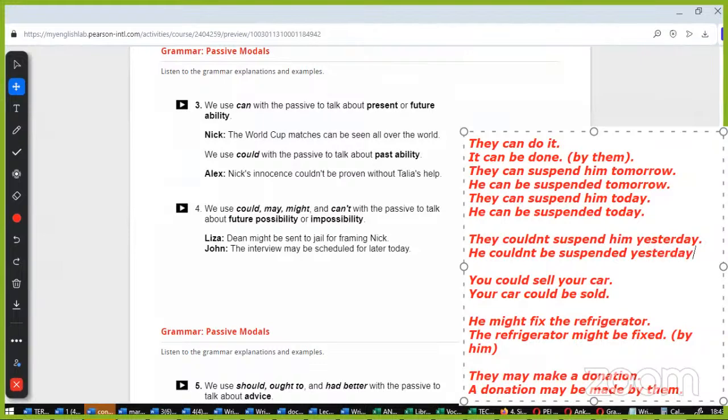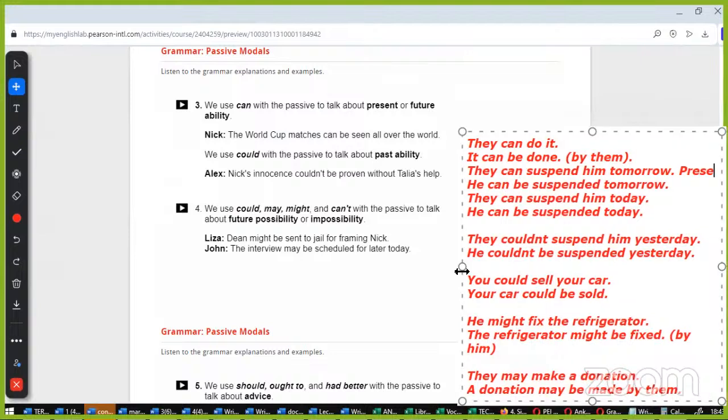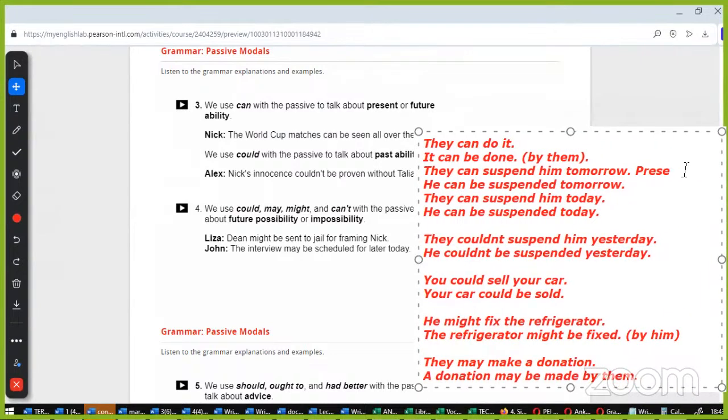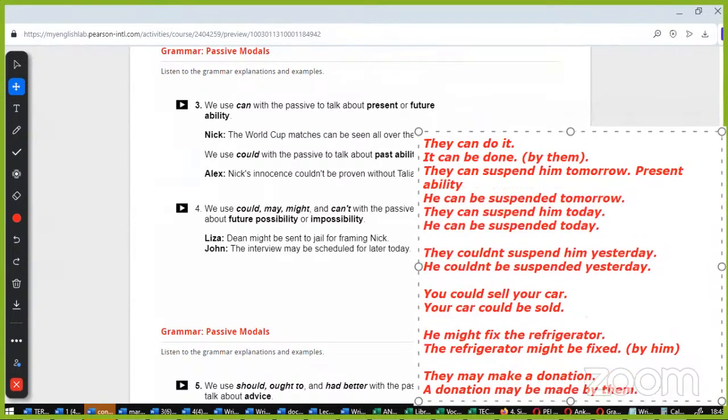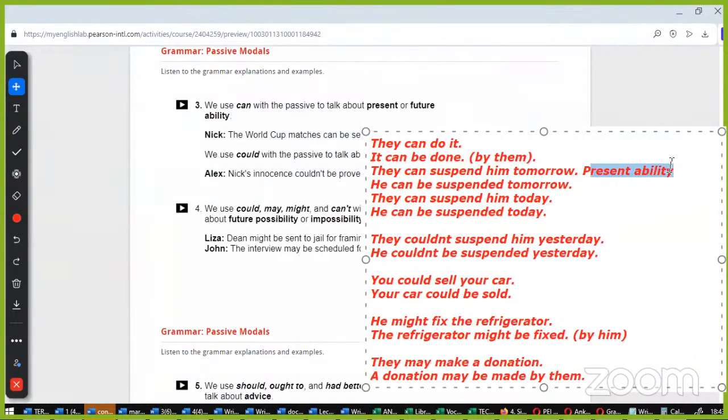This is past ability. Okay, so this is present ability. Present ability. This is also present ability. This is past ability.